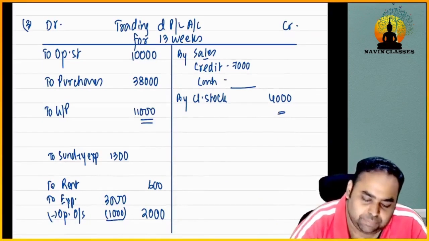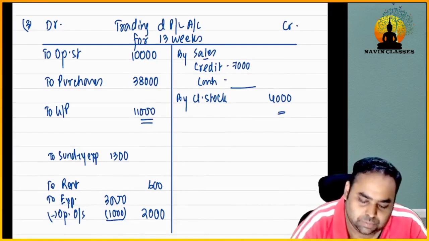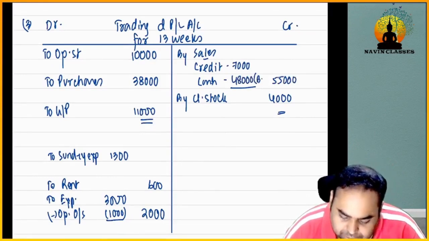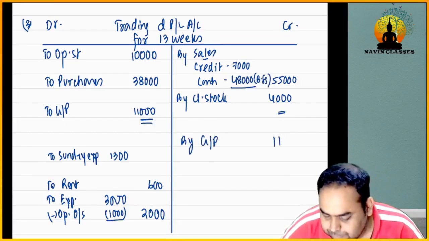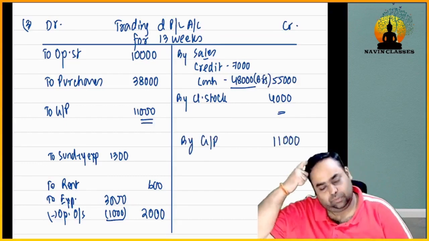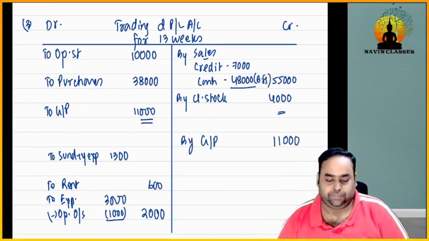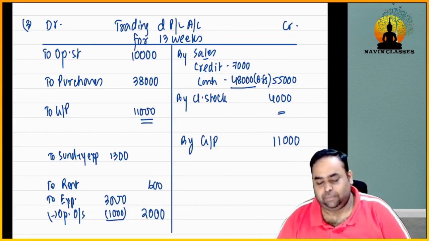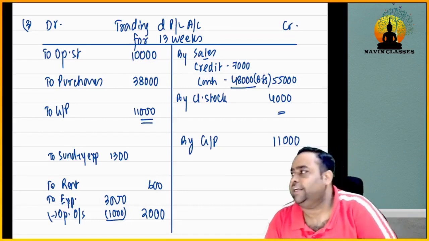We are going to complete the sales now. Okay. If the GP is 11,000, then we can proceed to calculate the cash sales. I can complete the sales and we will get the cash sales.